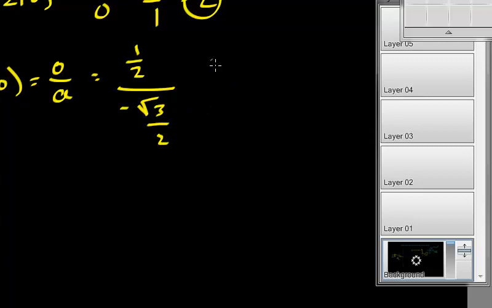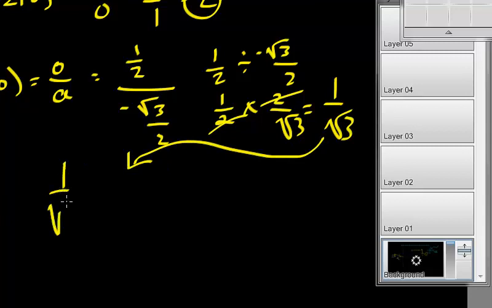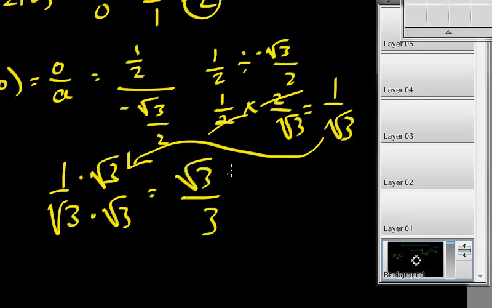And that, of course, works out to be 1/2 divided by negative radical 3 over 2, which is 1/2 times, and you flip this over, 2 over radical 3. The 2's are going to cancel, and I'm going to be left with 1 over radical 3, which I will come down here and simplify. 1 over radical 3. We multiply this by radical 3 over radical 3, and this becomes radical 3 over positive 3. So the tangent of negative 210 should be radical 3 over 3.